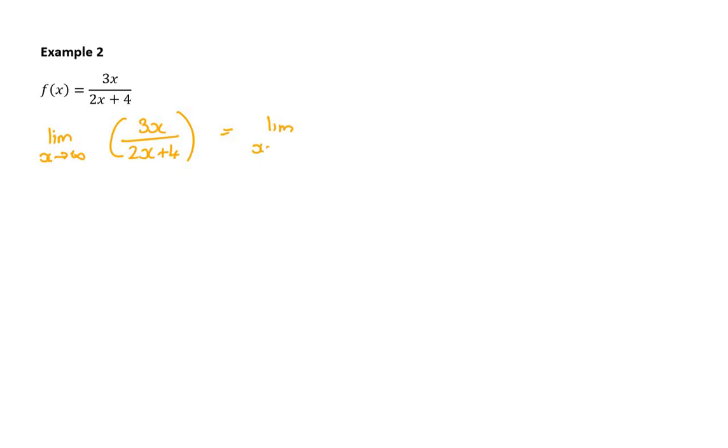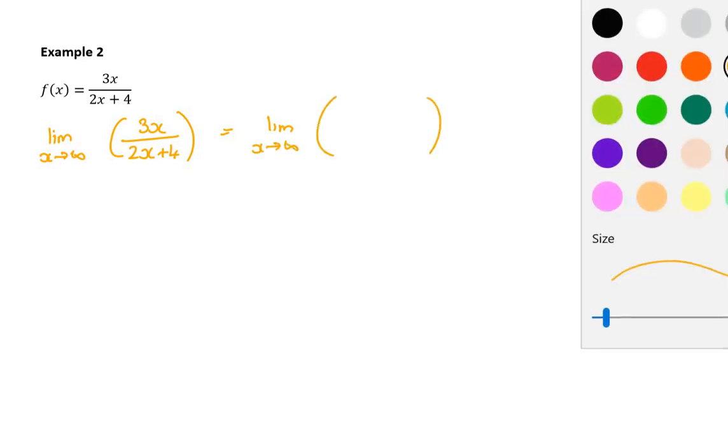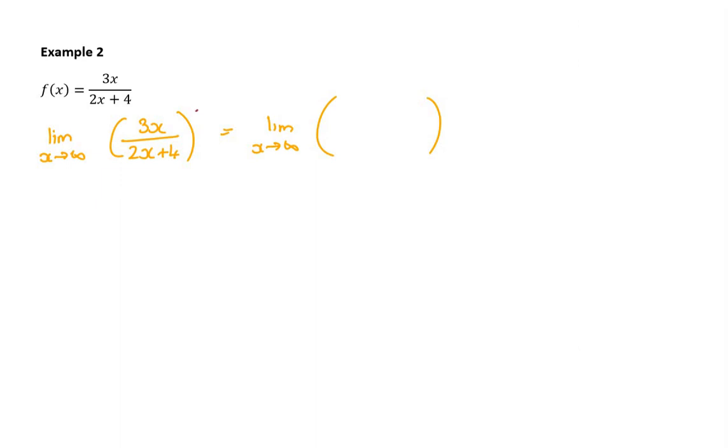That's the limit as x tends to infinity of, and the highest power of x in this particular question is 1. So I'm going to divide the top by x, and I'm going to divide the bottom by x. So 3x over x is 3, 2x over x is 2, and 4 over x is 4 over x.